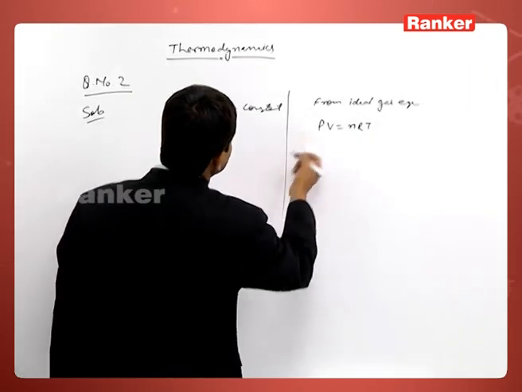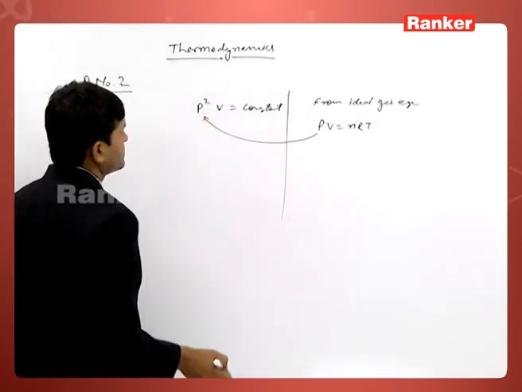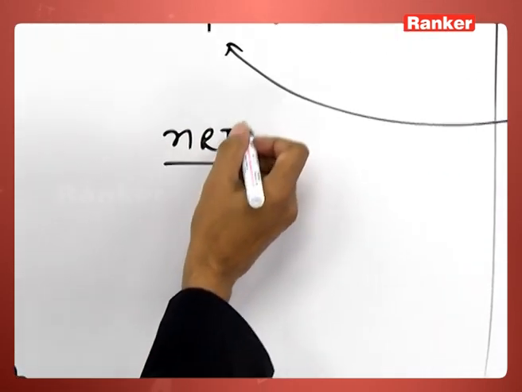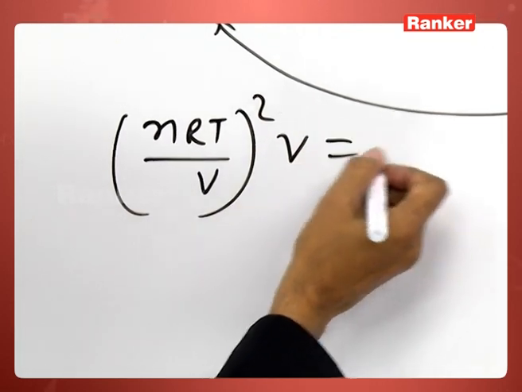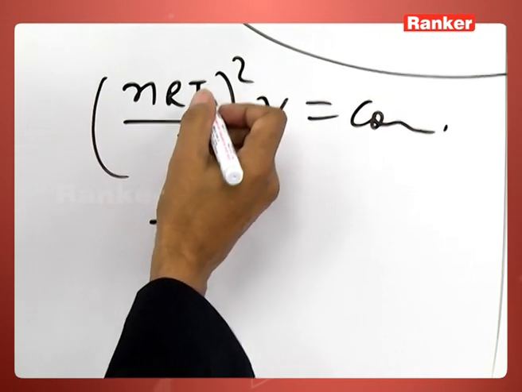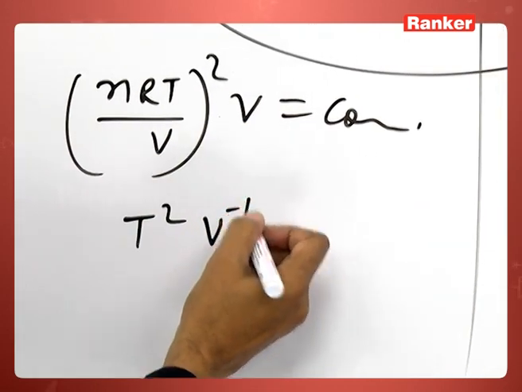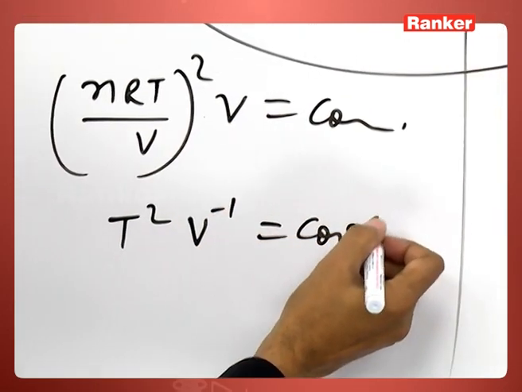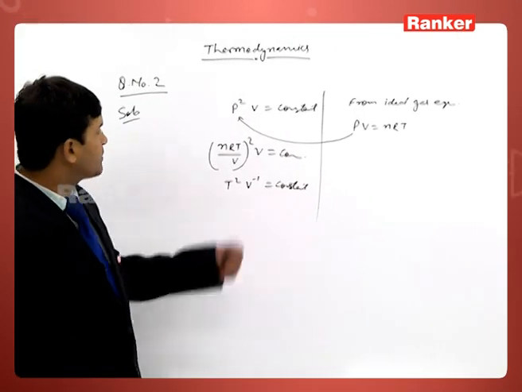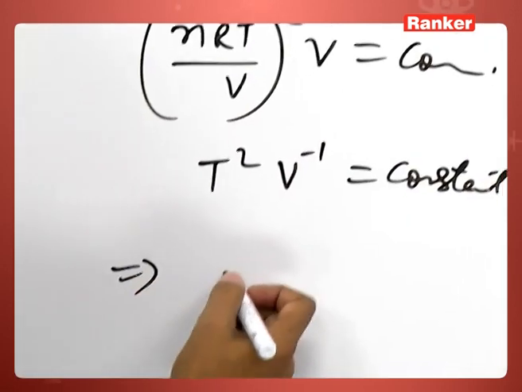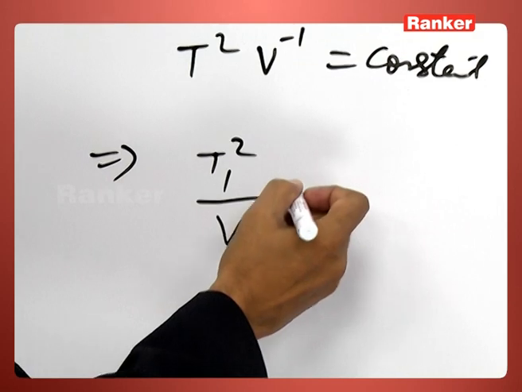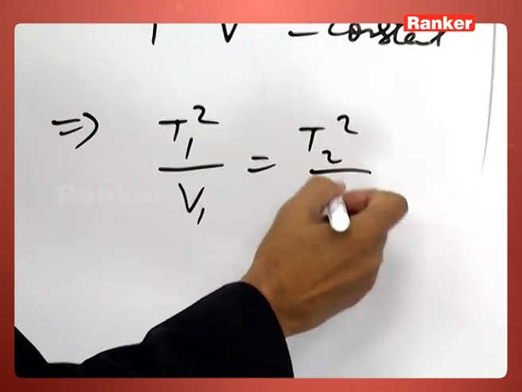So we can substitute the value of P over here. So that becomes nRT by V square into V is constant. So this will be T square, and V to the power minus 1 is constant, this is a new constant. So from here we can write T1 square by V1 is equal to T2 square by V2.